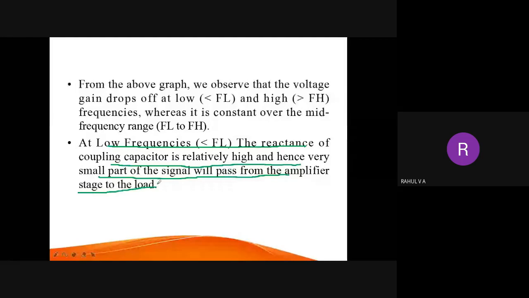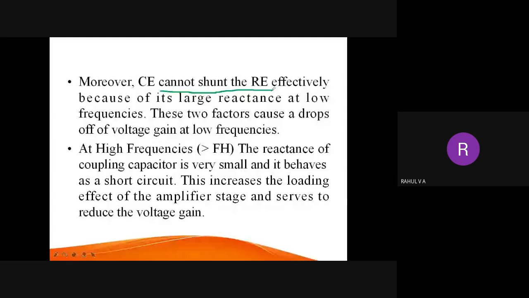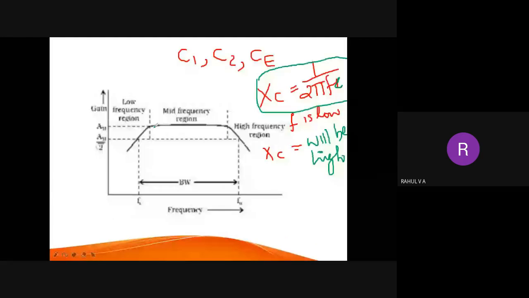Both cases are there. Moreover, the emitter capacitor cannot shunt the emitter resistance effectively because of its large reactance at low frequency. So the reactance of the capacitor increases, the losses increase, and gain reduces. That is about low frequency.